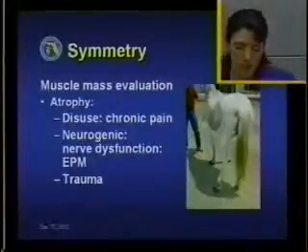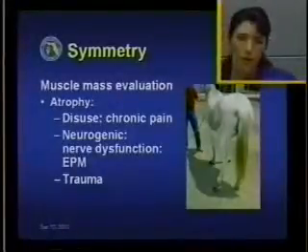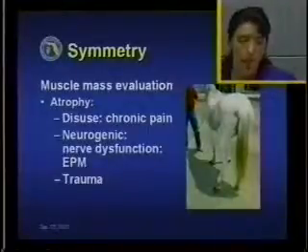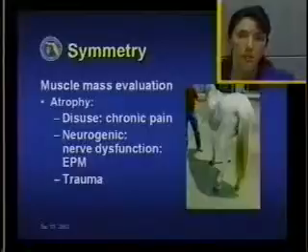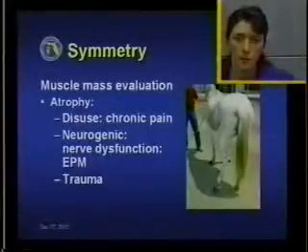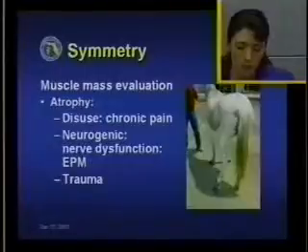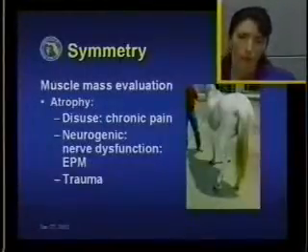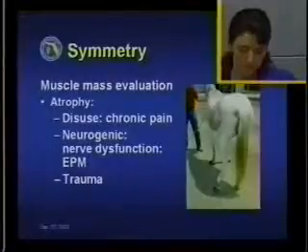Muscle atrophy can be caused by disuse or by chronic pain. In other cases, the atrophy can be neurogenic in origin, where nerve conduction to the muscle is prevented. This is fairly commonly observed in cases of EPM or after trauma.